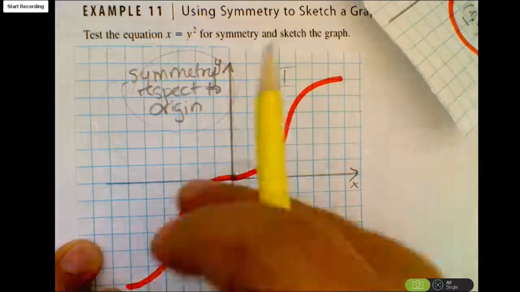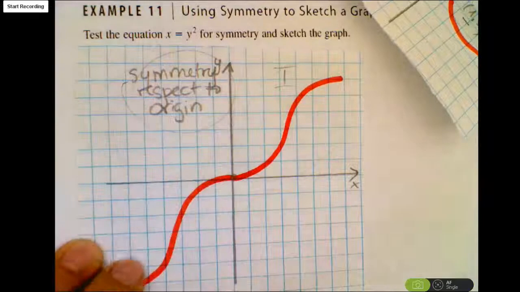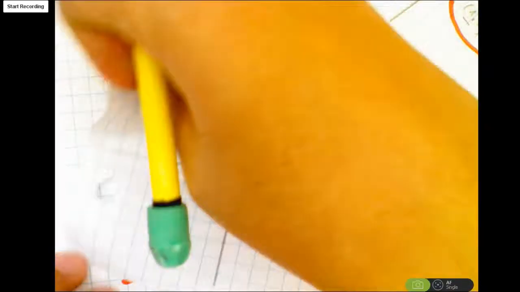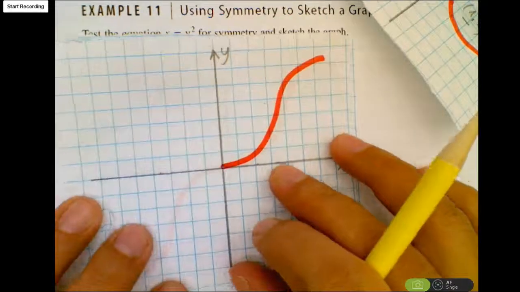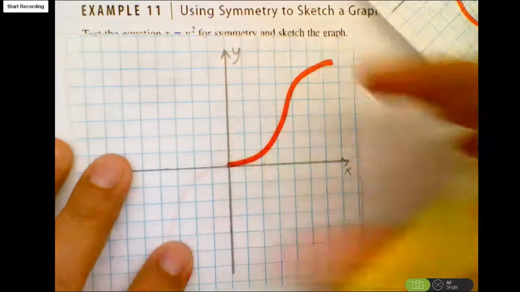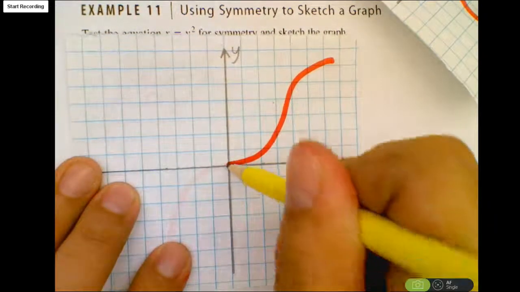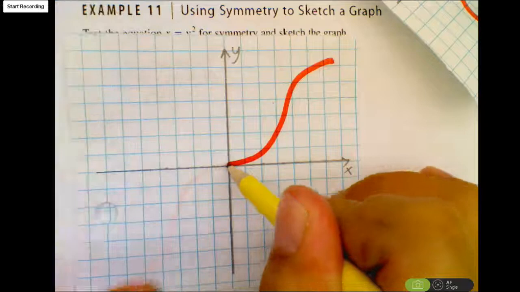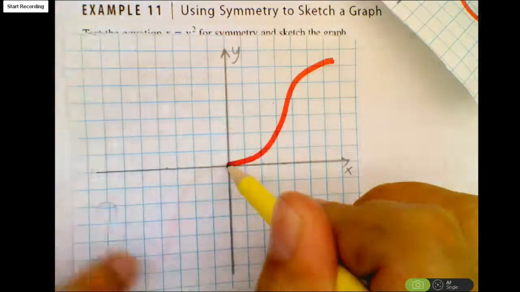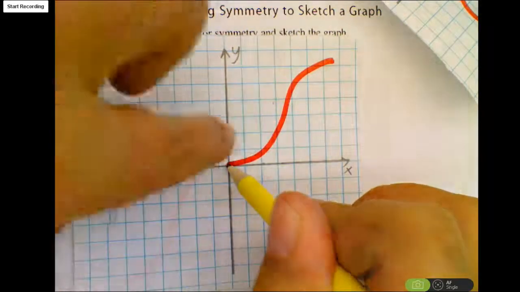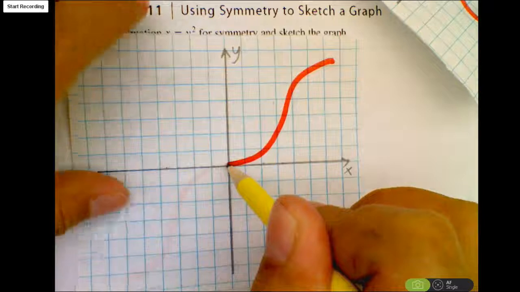So how can I check for symmetry with respect to the origin in this graph? Well, let's say that I'm tracing the part of the graph that is on the first quadrant. I put my pencil on the origin, and then what I'm hoping for is that when I rotate around the origin, this piece overlaps with the other piece.